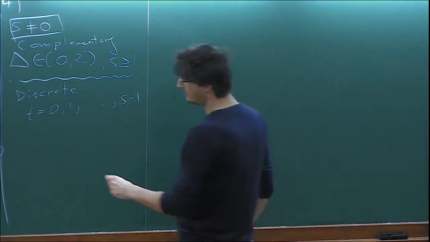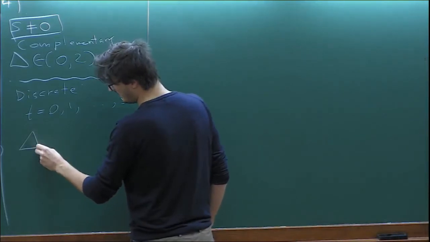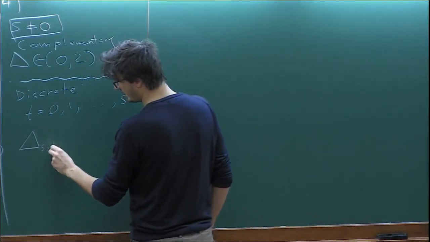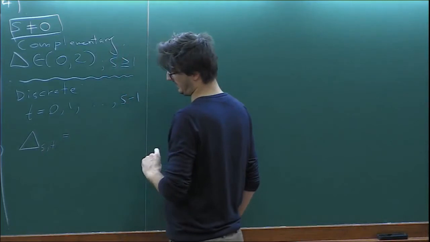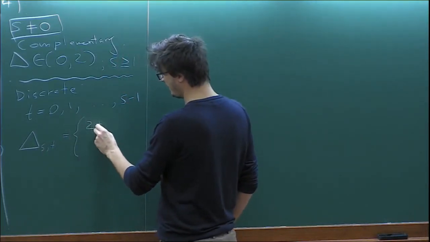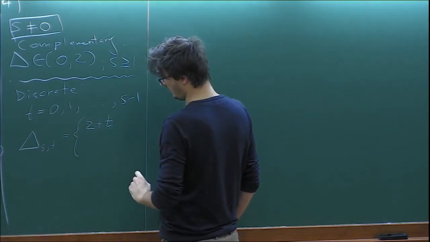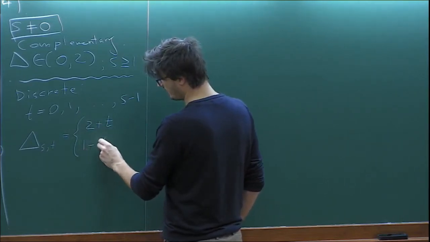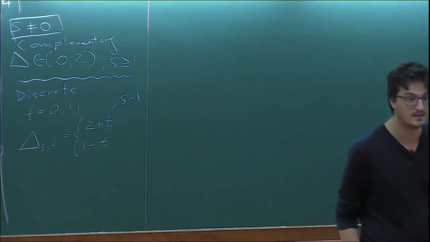And the weights of the discrete series can be expressed for spin s as either 2 plus t or 1 minus t, which is the shadow weight, okay?